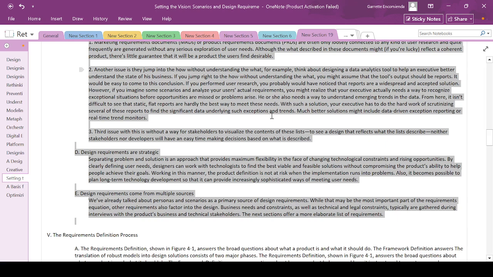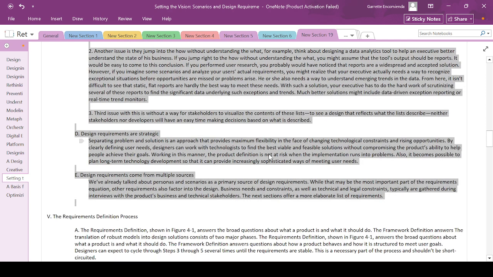However, if you imagine some scenarios and analyze your users' actual requirements, you might realize what your executive actually needs.